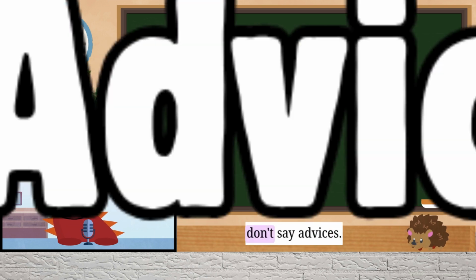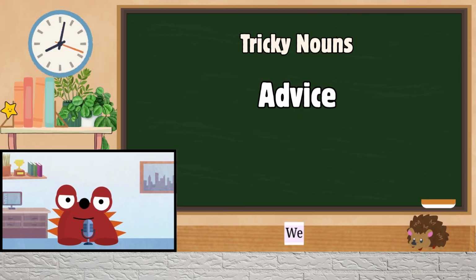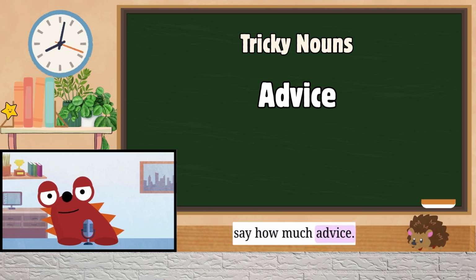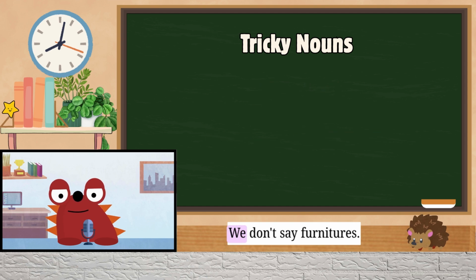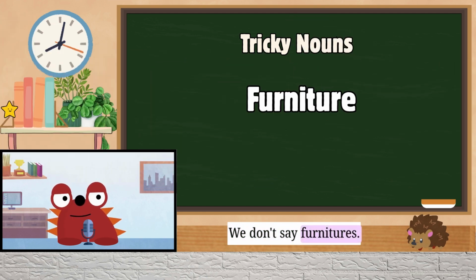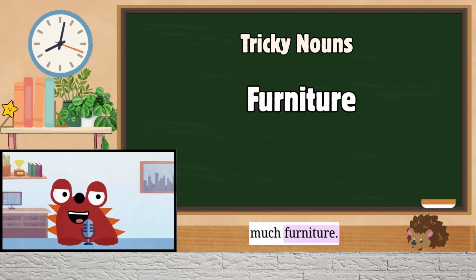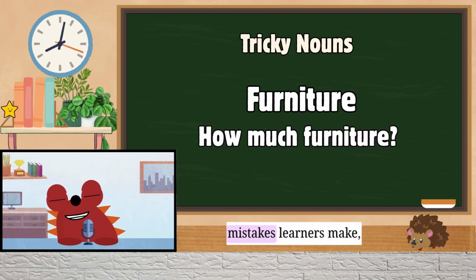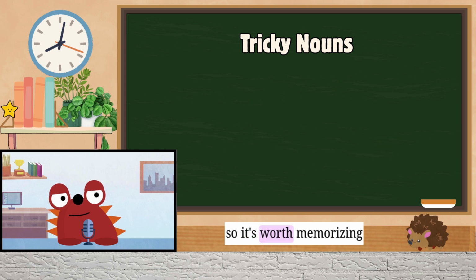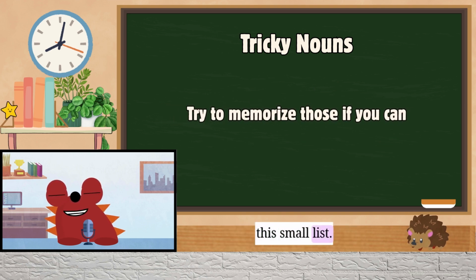Advice. We don't say advices, we say how much advice. Furniture. We don't say furnitures, we say how much furniture. These are some of the most common mistakes learners make, so it's worth memorizing this small list.